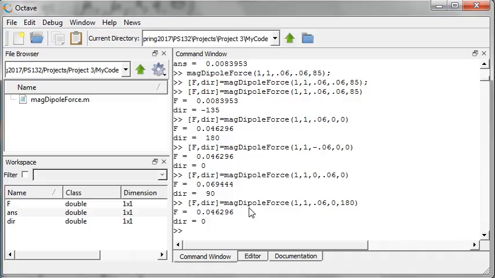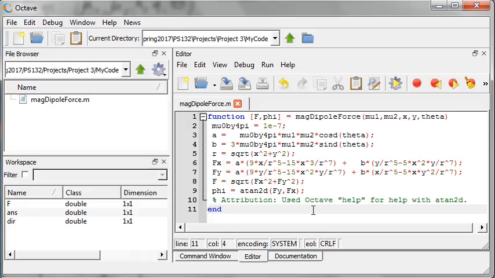But it's repulsive that way too. So I think I've actually got it coded up here, and nothing left to do but the documentation and the finishing touches.